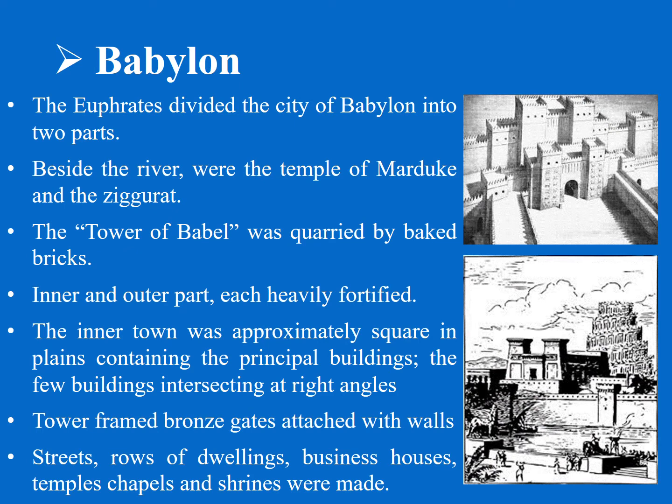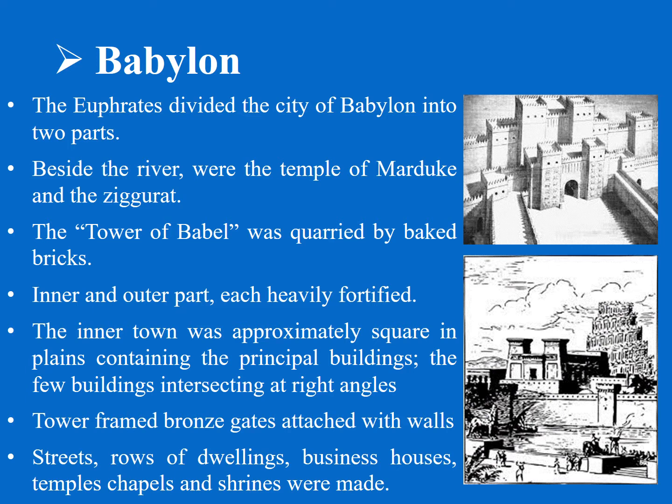The Euphrates divided the city of Babylon into two parts. In the center, beside the river, were the temple of Marduk and the ziggurat. The Tower of Babel was created with its baked bricks. Babylon had an inner and outer part, each heavily fortified.